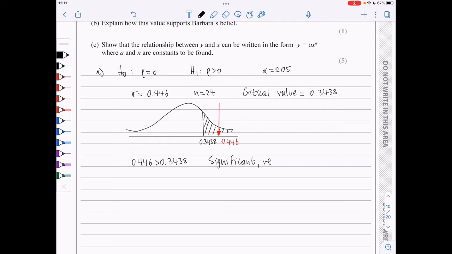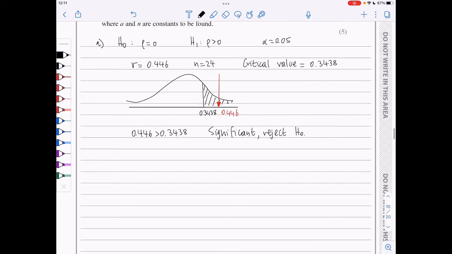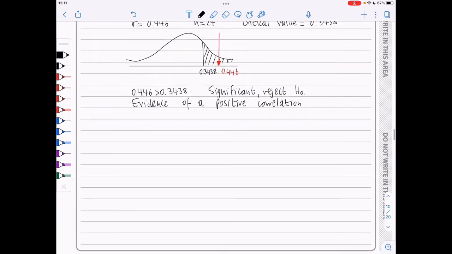Reject H0, and we need a conclusion in context to get full marks. So evidence of a positive correlation between GDP per capita. We need to mention the variables. And CO2 emissions.